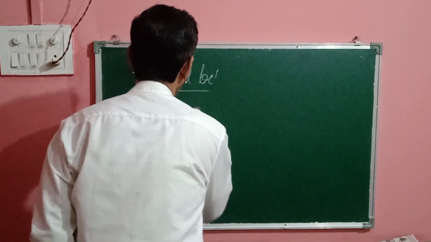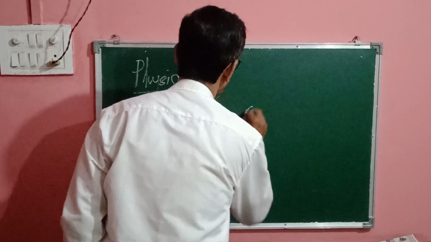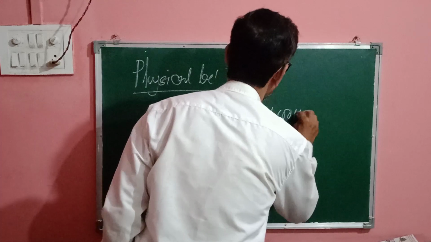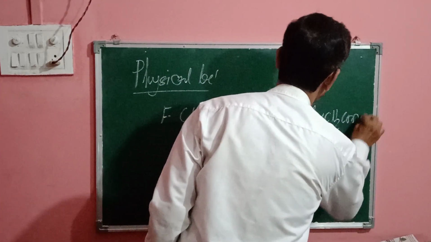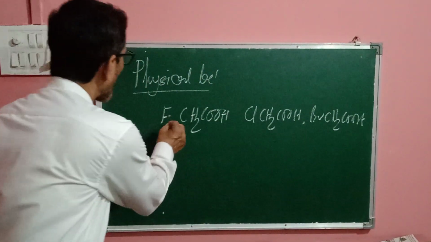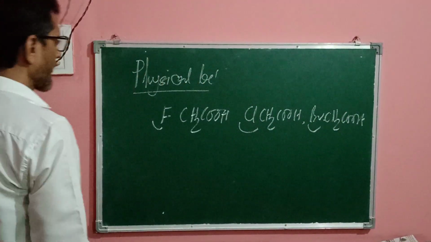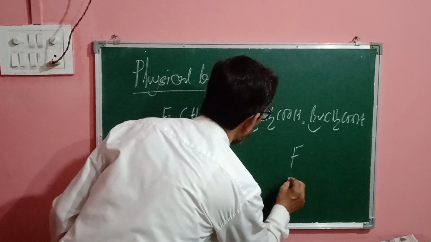Now FCH2COOH, ClCH2COOH, BrCH2COOH. I will explain the acidity. Here minus I groups are attached, and they are group 17 elements, am I right?